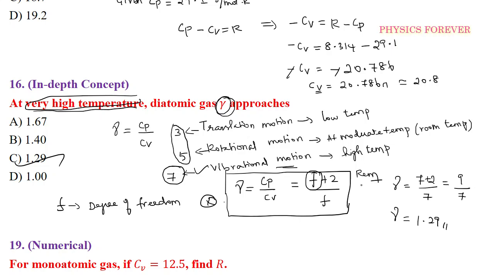Sometimes they ask directly what the degree of freedom is at low temperature in translational motion. Just 3 can be given, but when using the formula, we have to use it like this.